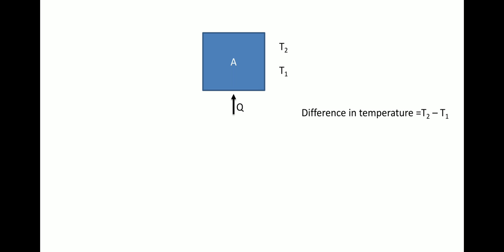Let's say the difference in temperature is 1 degree Celsius, or 1 Kelvin. So the heat capacity can be represented as Q by T2 minus T1, where T2 minus T1 is represented as del T. Del T means the difference in temperature.